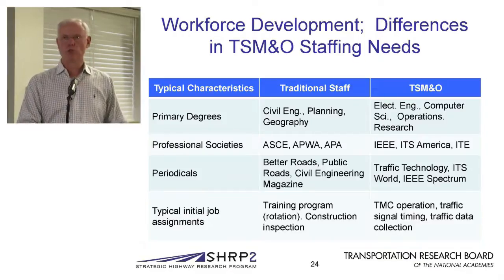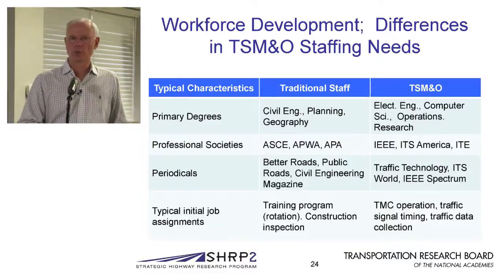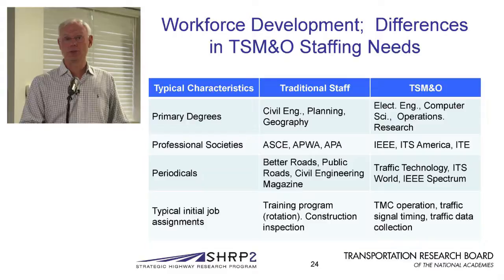In the workshops that I referred to earlier, workforce development always pops up as an issue. And among the things that we talk about is our ability to recruit from these non-traditional disciplines. In some cases, it's just a simple matter of having position descriptions available to accommodate somebody that isn't a civil engineer.